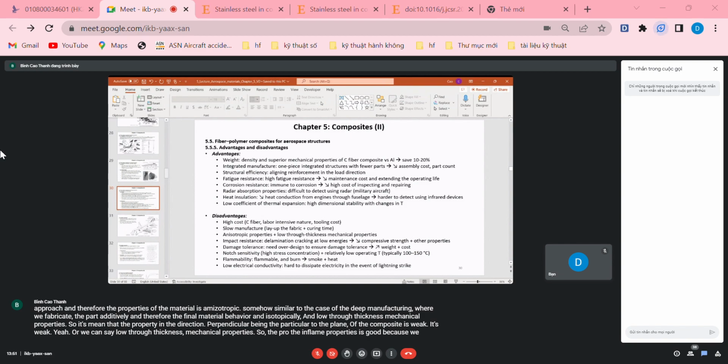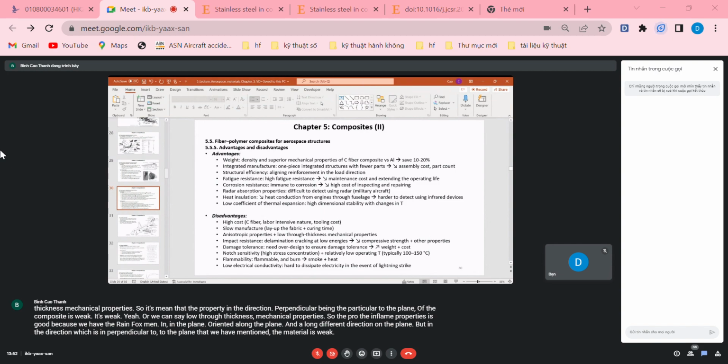The in-plane properties are good because we have the reinforcement oriented along the plane, along different directions in the plane, but in the direction perpendicular to the plane, the material is weak.